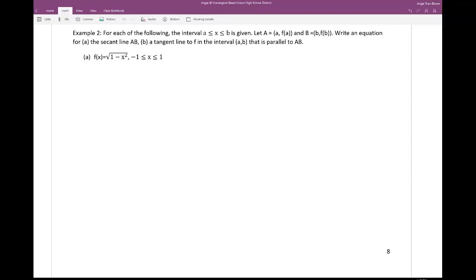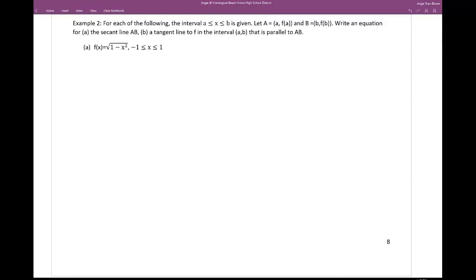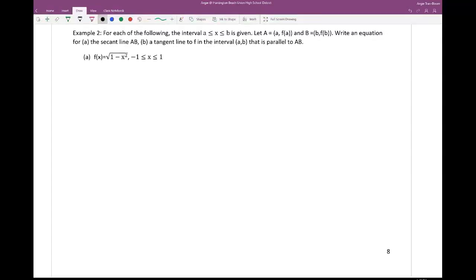So let's talk about the secant line. What do you need to write a secant line? So part A, secant line. You will need 2 points. So the first x is this one, and the second x is that one.